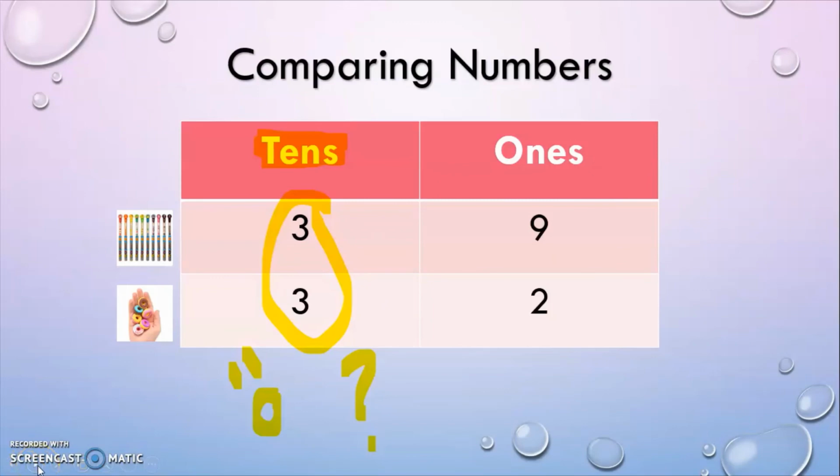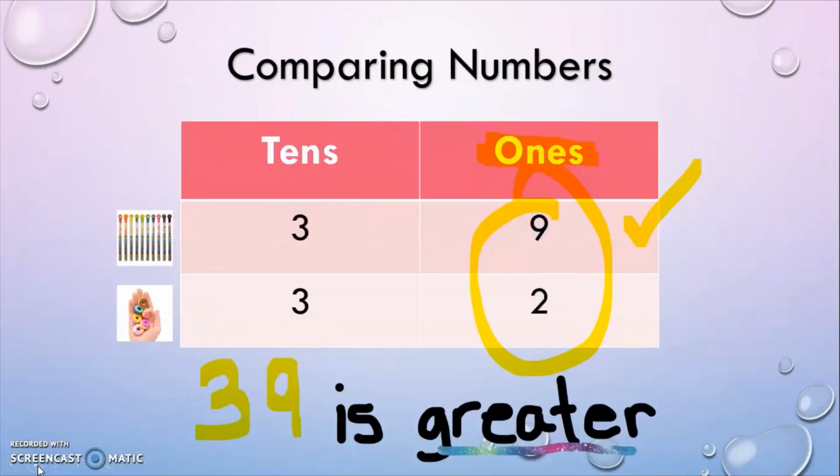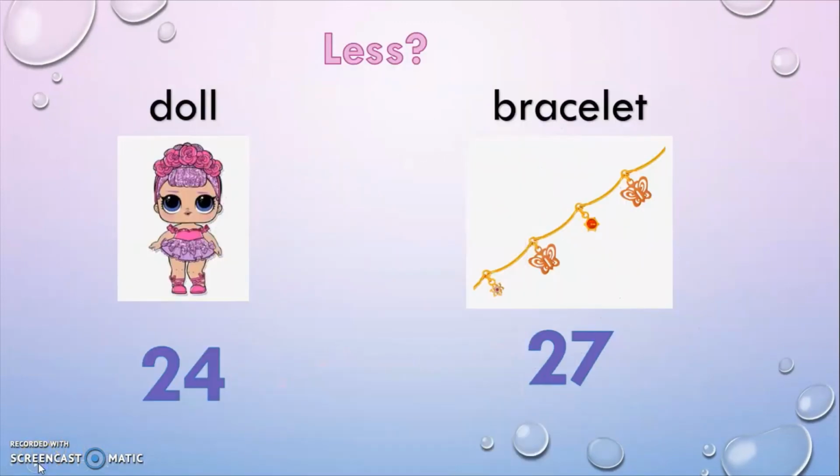Oh, so when this happens, then you need to go to your ones side. So let's do that. Looking at the one side, let's see if any of these numbers are bigger. So in this case, 9 is bigger than 2. So 39, this entire number, will be the greater number.